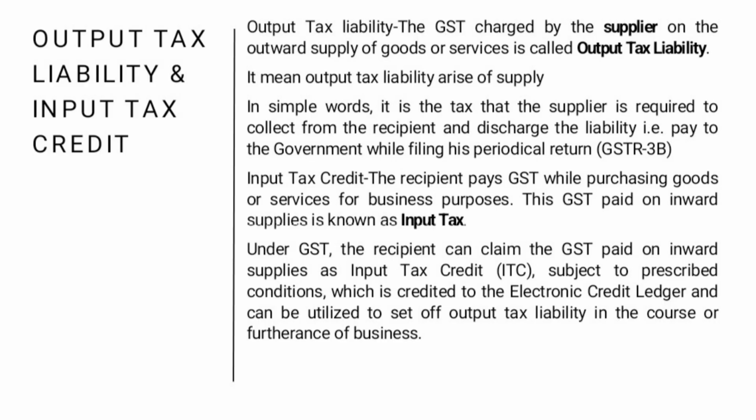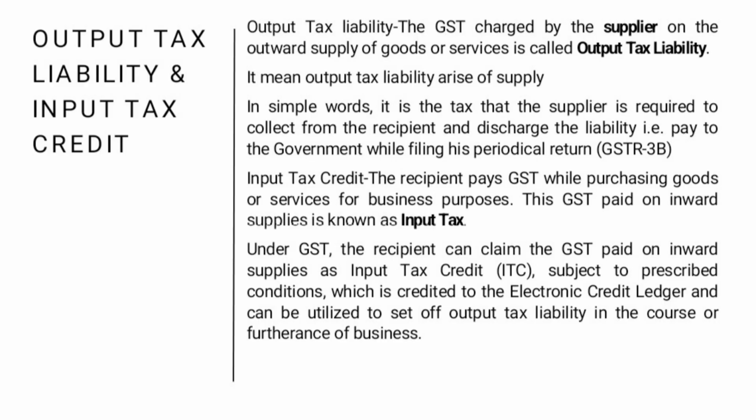So you paid me 1000 plus 5% tax, which means 50 rupees. I will discharge that liability to the government while filing my return, and that 50 rupees is my output tax liability. I collected it from you and am liable to deposit it to the government while filing my prescribed return. Clear? The output tax liability arises on sales.